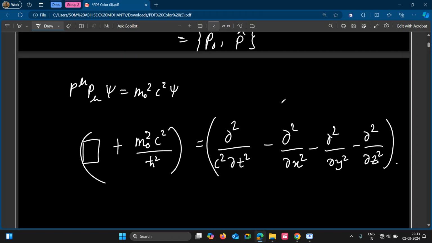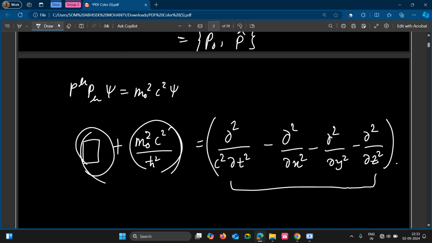This is your D'Alembert operator. This one is still there, so I will write that also: plus m naught square c square divided by h-cut square, acting on psi is equal to 0, because this is exactly 0.